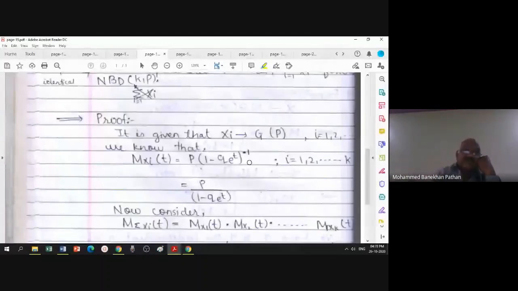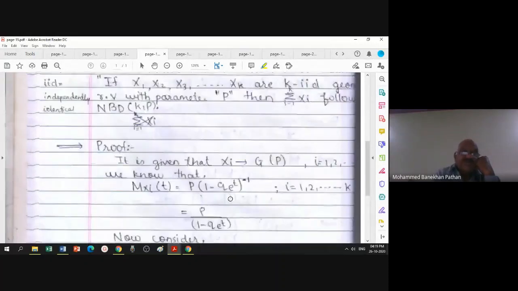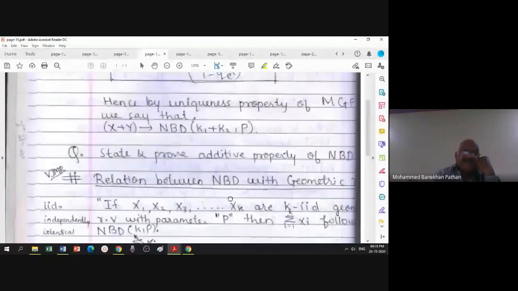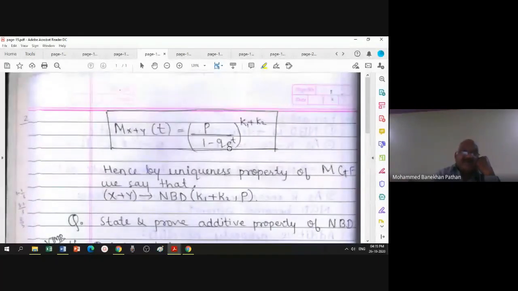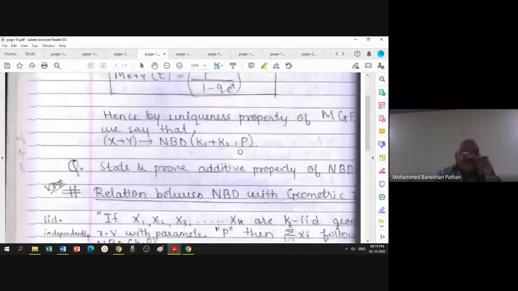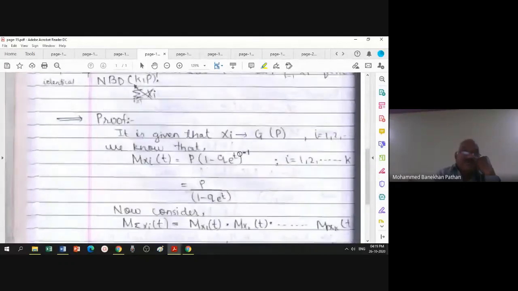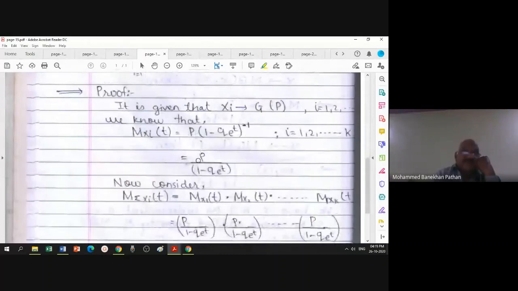So my MGF of geometric, I can rewrite this, is p divided by 1 minus q e to the power t. Let us check your MGF of NBD. Exactly the same bracket is there. Only the power is k1 plus k2 for NBD. Otherwise, the MGF of geometric is p divided by 1 minus q e to the power t.